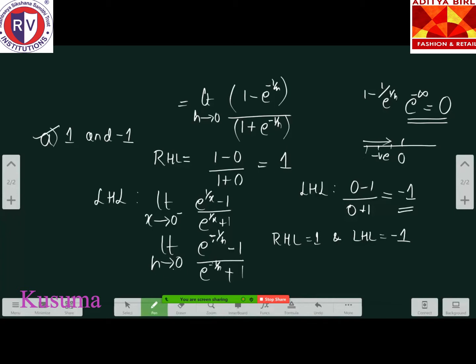Understood? Yes, ma'am. Excuse me, ma'am. In the right hand limit, instead of taking common, can we substitute directly, like in the left hand limit? Without taking the common, we can substitute, no, ma'am?